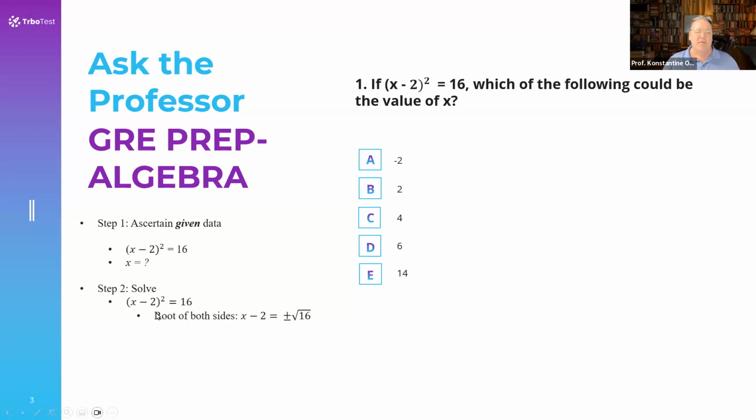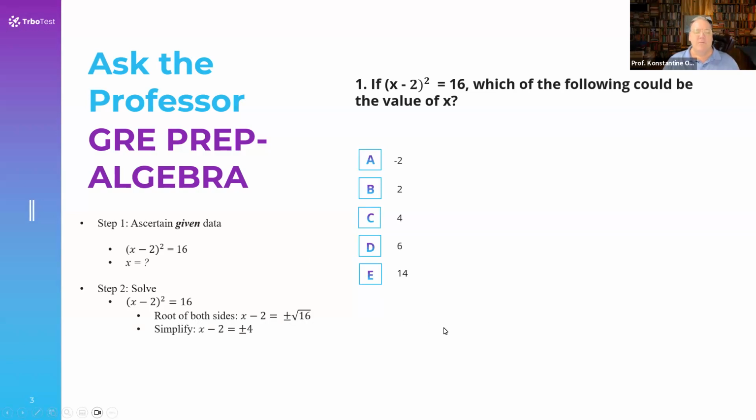We find the root of both sides, so we get rid of the second power off the parentheses, and we put a radical around the 16. The radical, as we know, can be a minus or a positive. It can be a negative or a positive, it doesn't matter which, so we put the sign there.